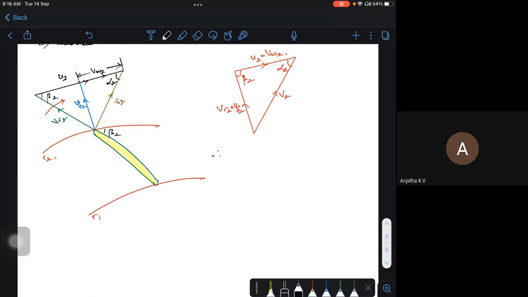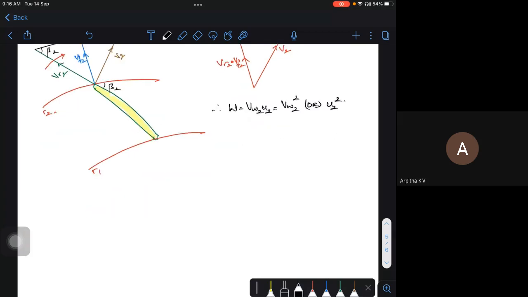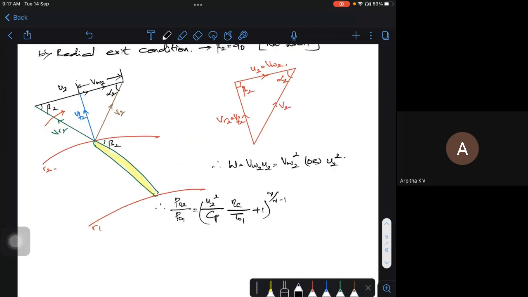Therefore, in your work equation, VW2 into U2, I can write as VW2 square or U2 square. Then my equation will become P02 by P01 is equal to U2 square by Cp into the compressor efficiency divided by T01 plus 1, whole to the power of gamma by gamma minus 1. So this is your equation for a radial flow compressor.